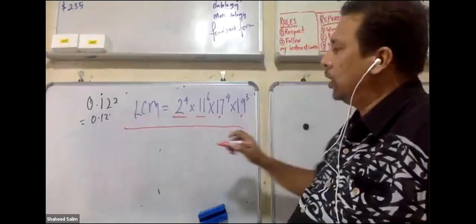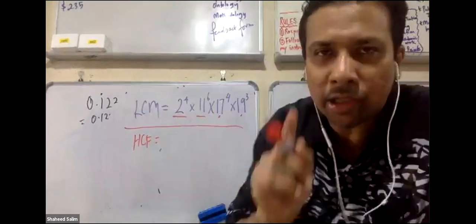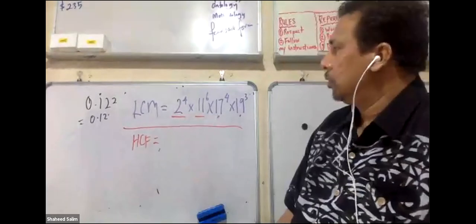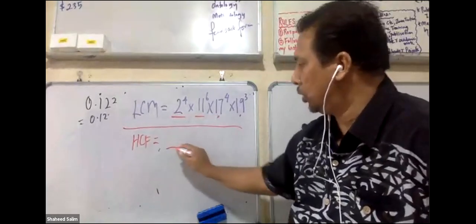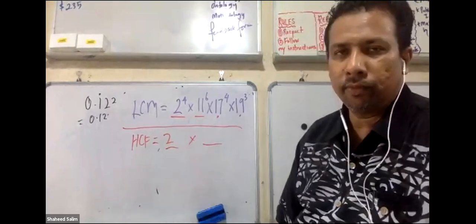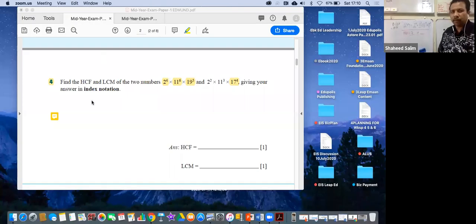For HCF, only one rule. HCF: use the smaller of the same number. So you tell me now, what is the smaller of the same number? There's only 2. It's 2 to the power of... You got a paper? No? Okay, I'll share screen. Now, you look again.